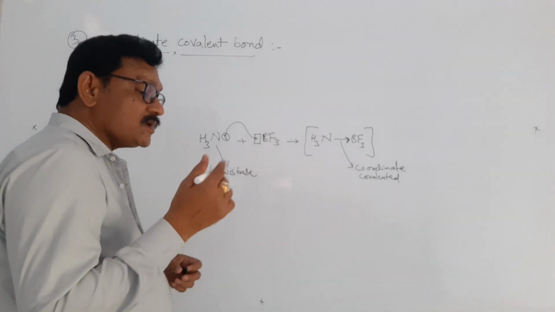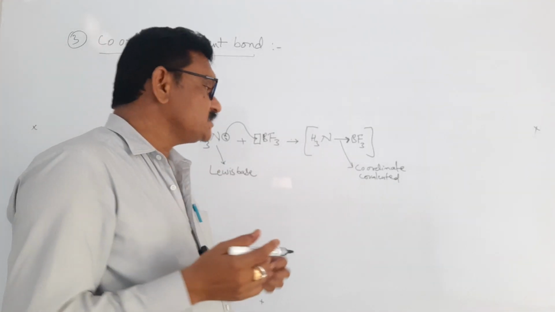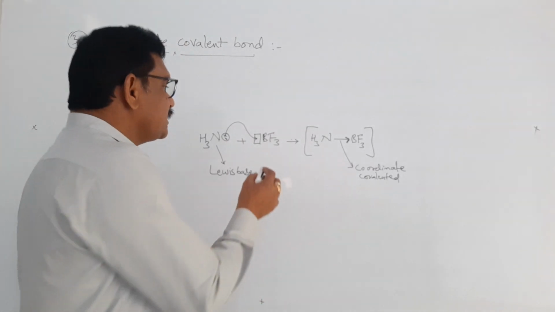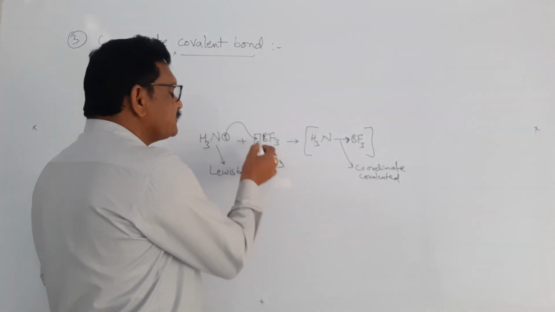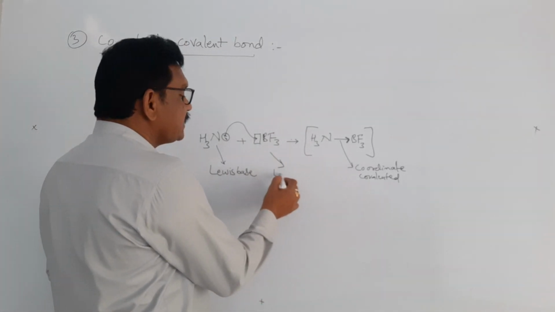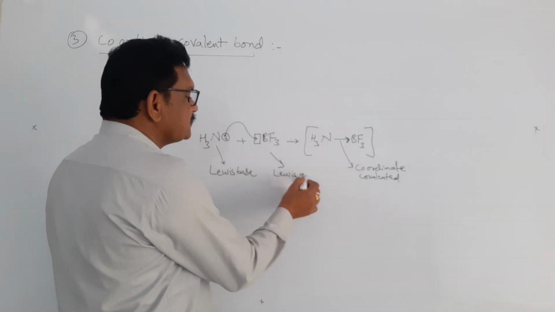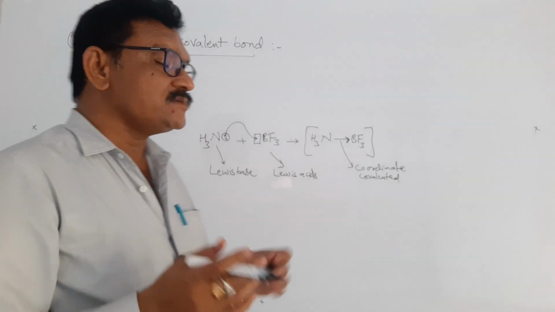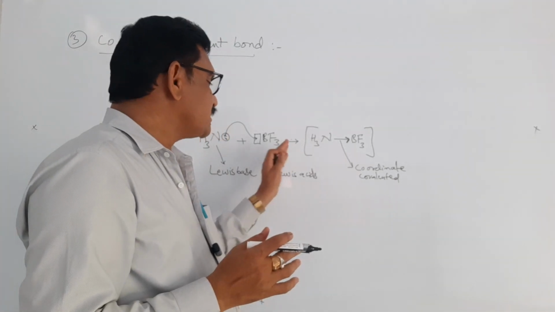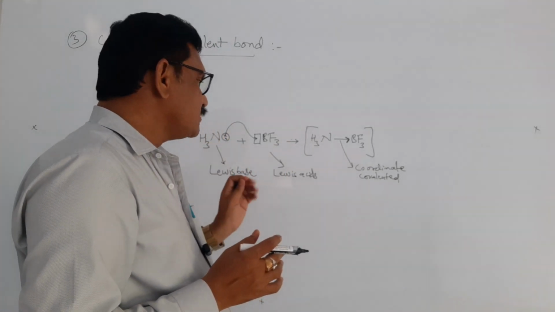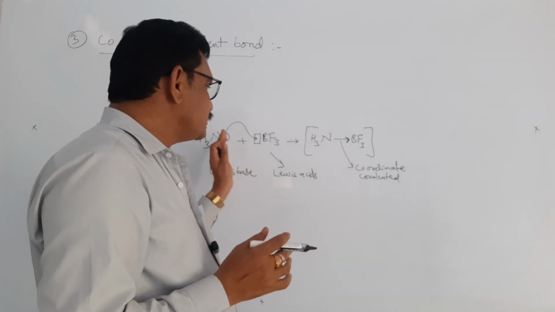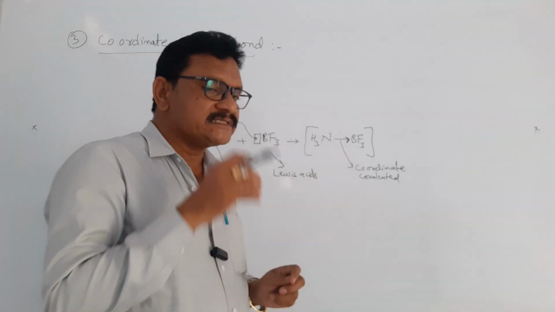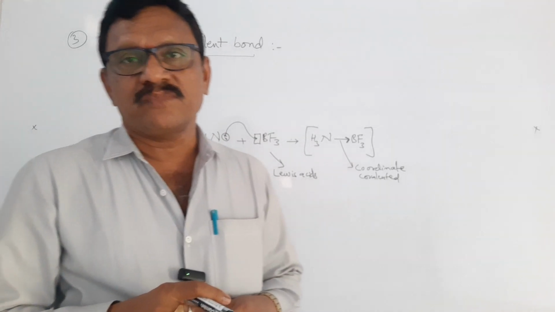So that means donor molecules all are acting as Lewis bases, and molecules which can accept the electron pair can act as Lewis acids. In our example, ammonia is a Lewis base, an electron pair donor, and boron trifluoride is a Lewis acid, an electron pair receiver. Through this, the resulting bond we consider as coordinate covalent bond.